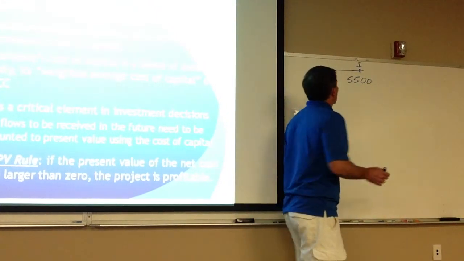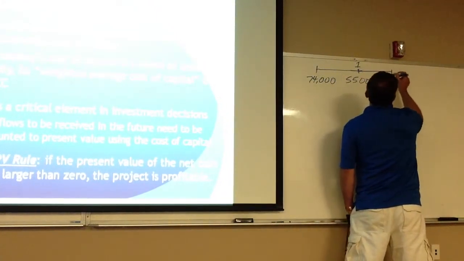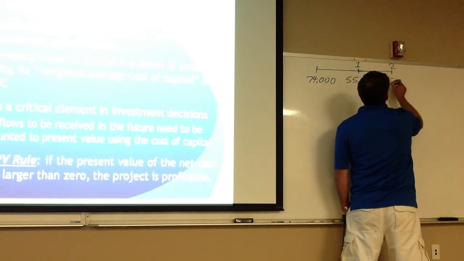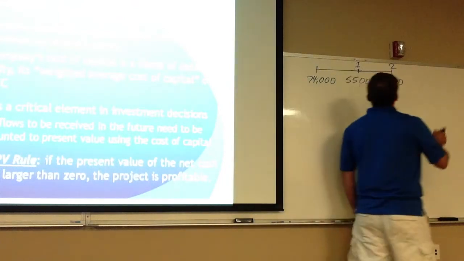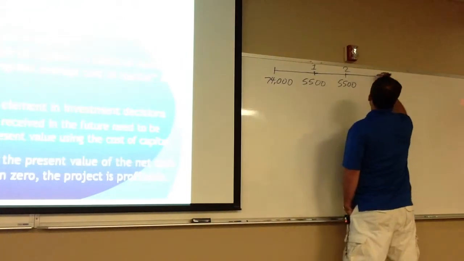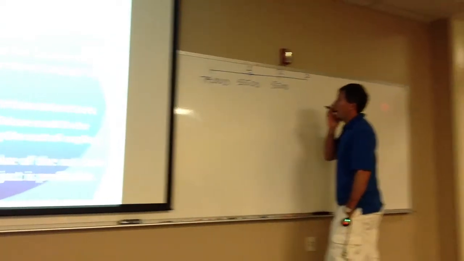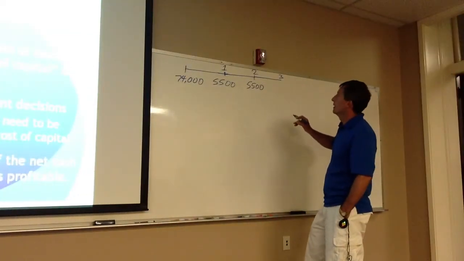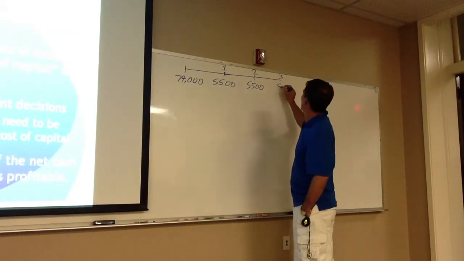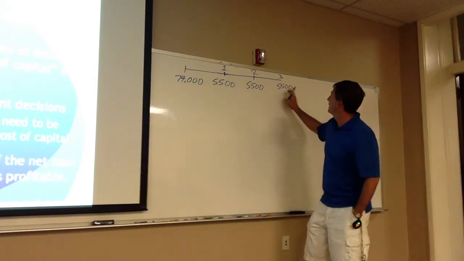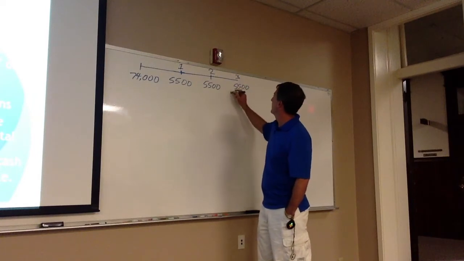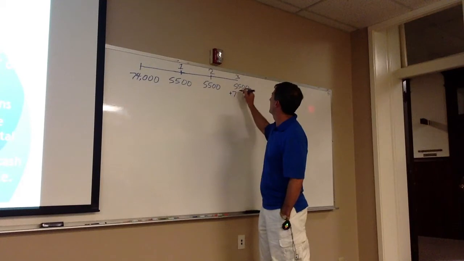Let's have $5,500 come in year 2, and then in year 3, we get our $5,500 plus we sell the building for $75,000.